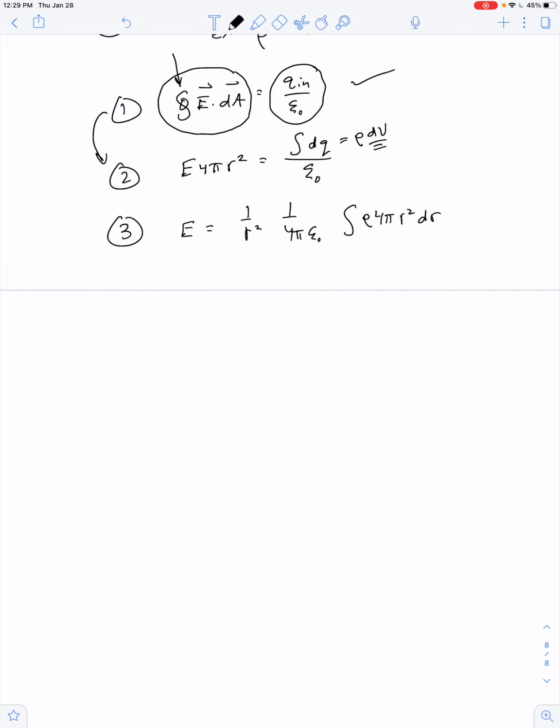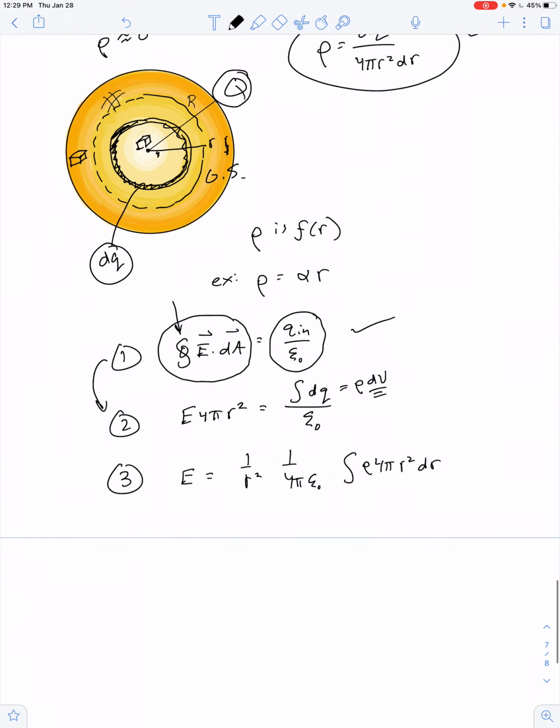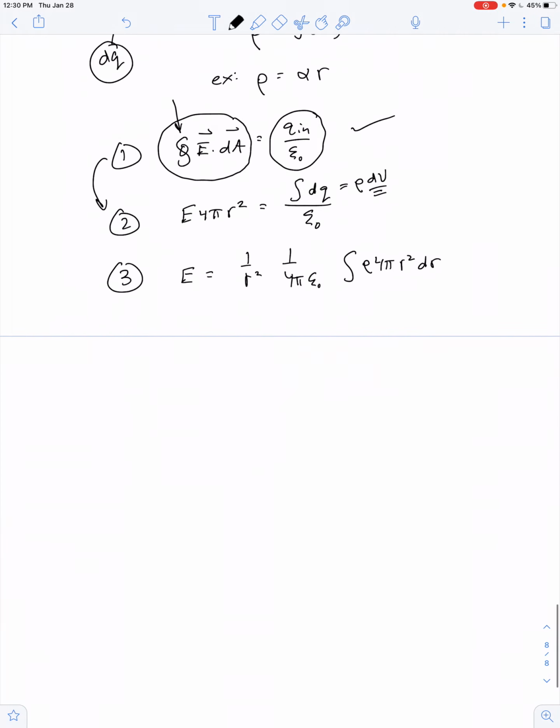Now, what are my limits of integration? Well, if I want to account for all the charge that resides in my Gaussian surface, I need to integrate from r equals 0 up to the edge of my Gaussian surface. Okay, so we're going to go from 0 to lowercase r.